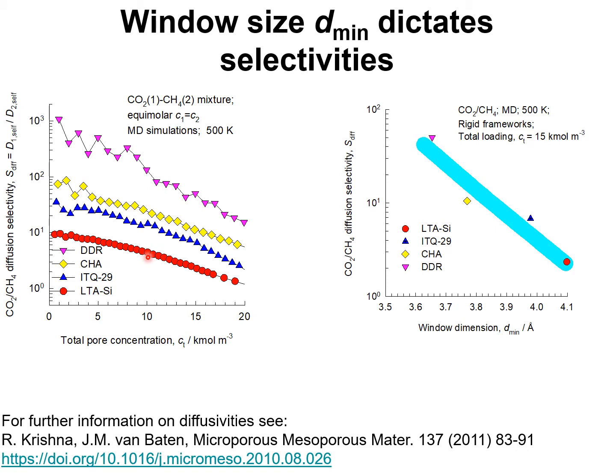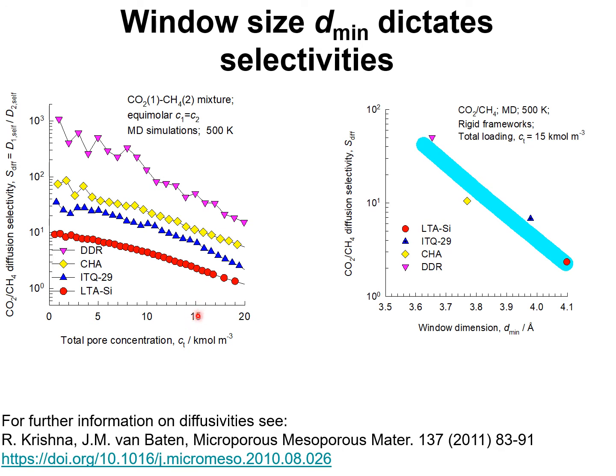The red circles show the selectivity values for all silica LTA, and these values are the lowest because the window dimension of 4.1 angstrom in this case is significantly larger than the minimum dimension of 3.65 for DDR.